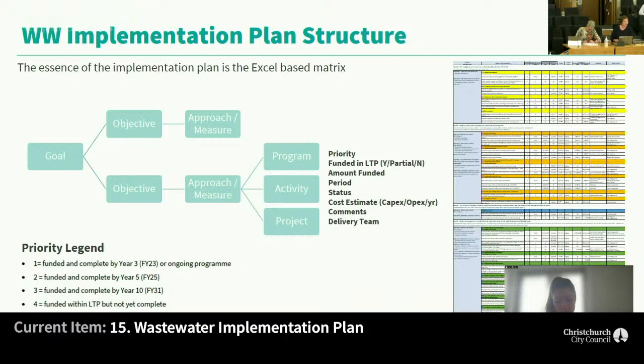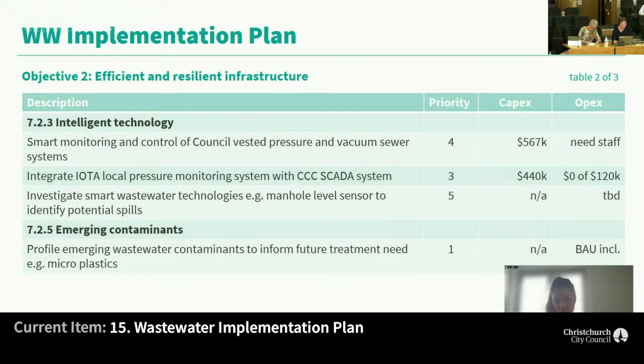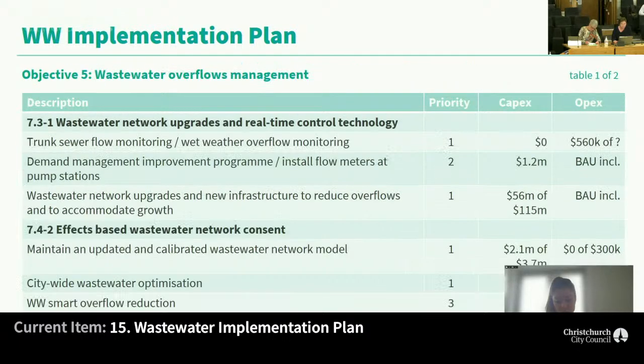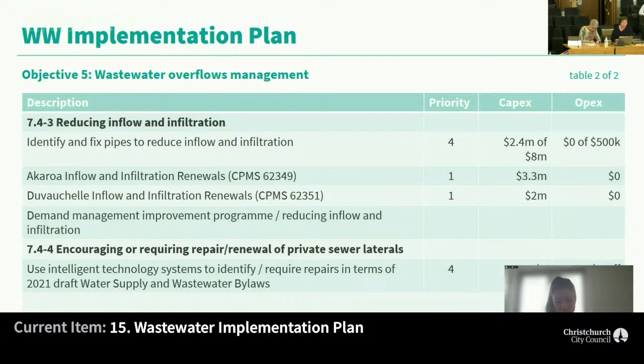We certainly don't have enough in our programs and budgets or resources to address I&I to the level that we want it to be addressed. So is the private and public in that one box there? Identify and fix pipes. Yes, it's collective. Absolutely.